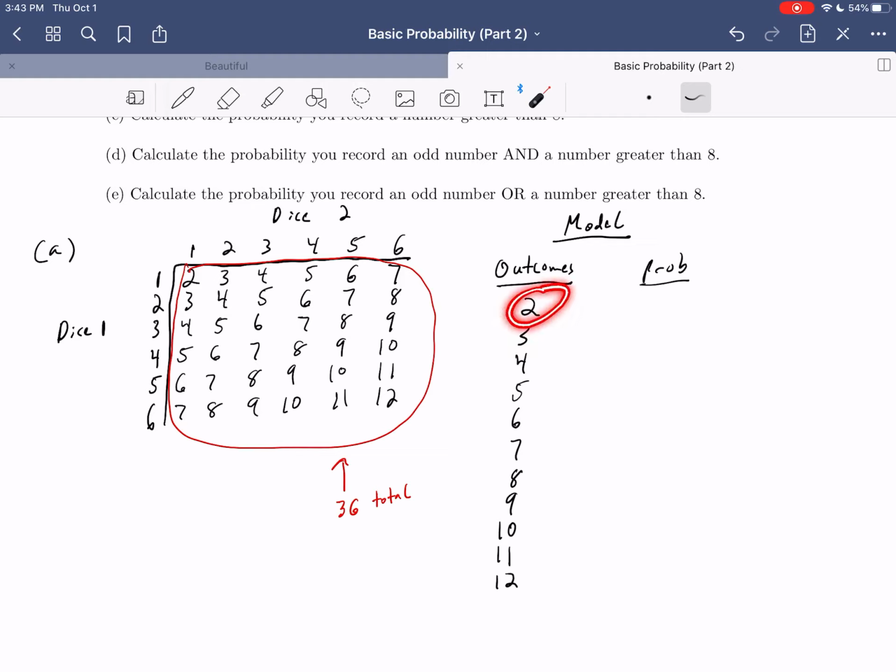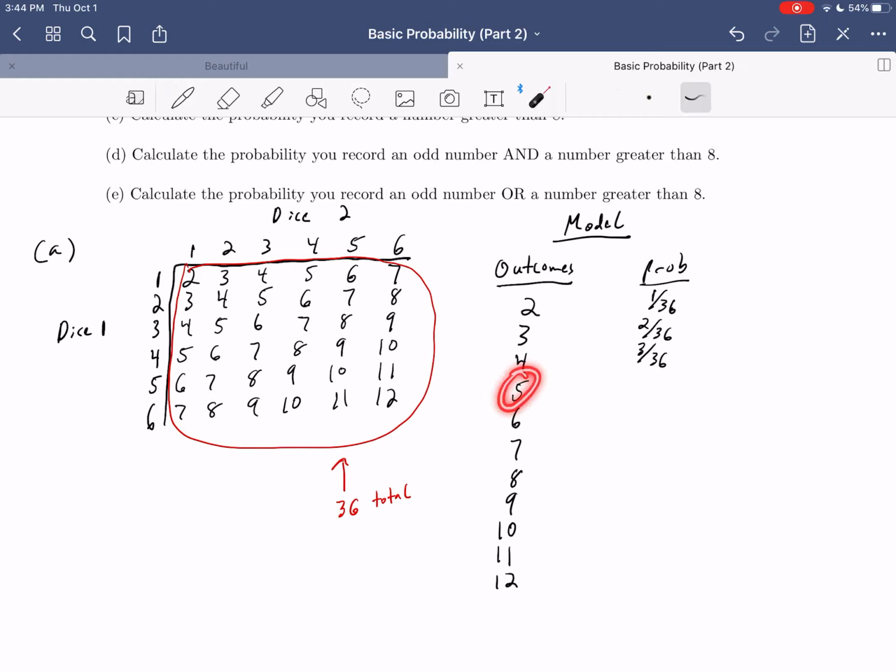How many ways are there for us to get this 2? Well, only one way, so the probability there would be 1 out of 36. What about for the 3? Well, there'd be a 3 there and a 3 there, so 2 out of 36. For the 4, there'd be 1, 2, 3 different ways that can happen, so 3 out of 36.